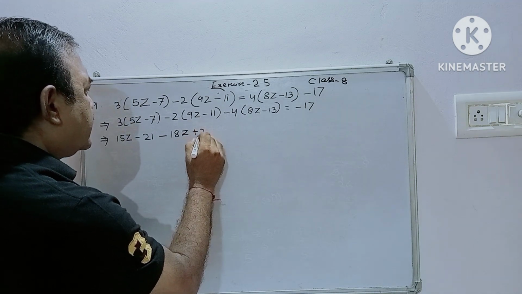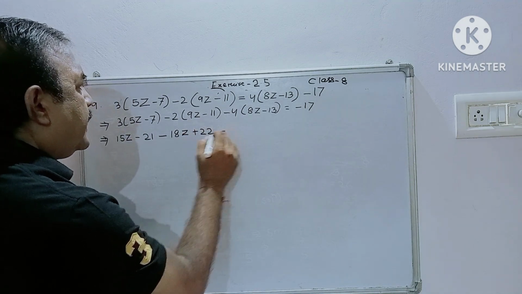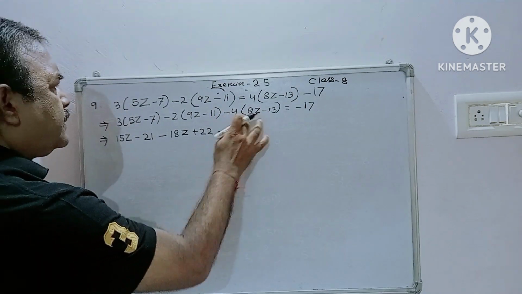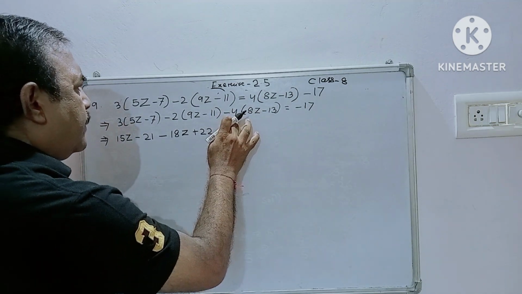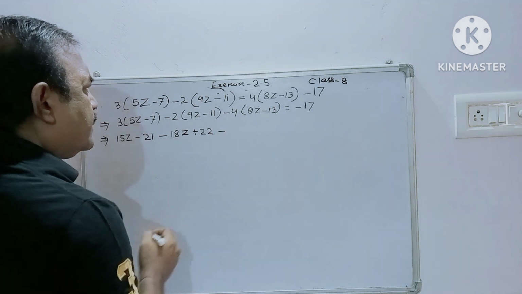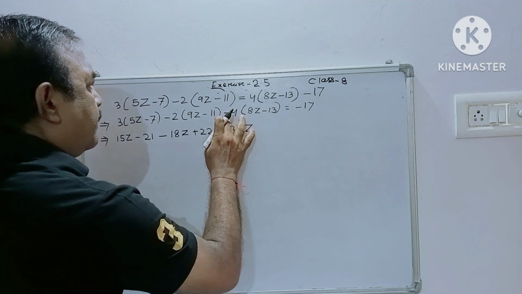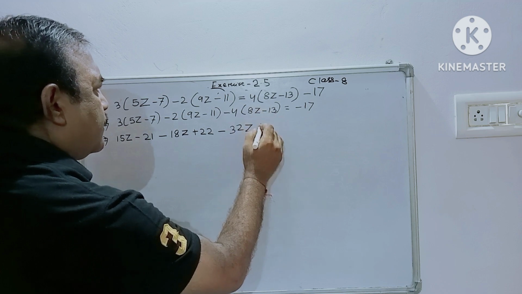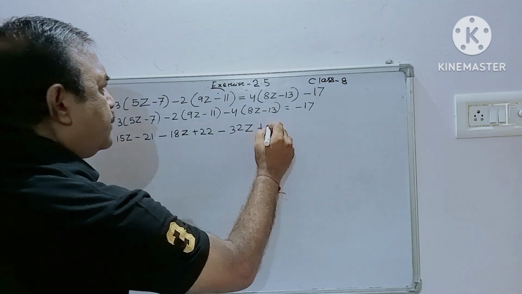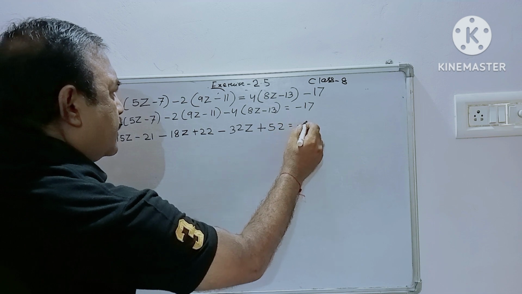So plus 22. Minus 4 into 8, that is minus 32z. Minus into minus, plus 4 into 13, that is 52, that is equal to minus 17.